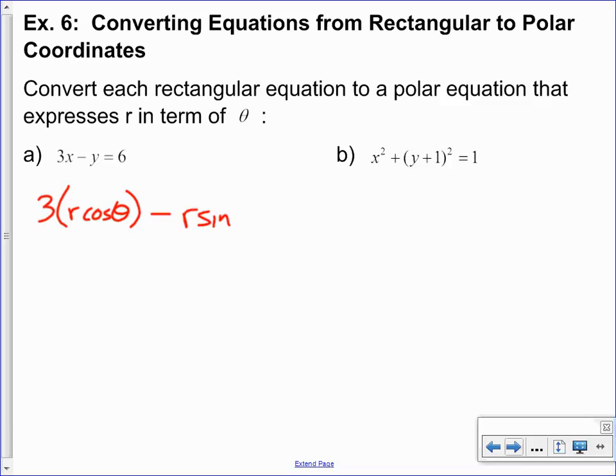r sine theta equals 6. When I express r in terms of theta, it's r equals. So r is 3 cosine theta minus sine theta.